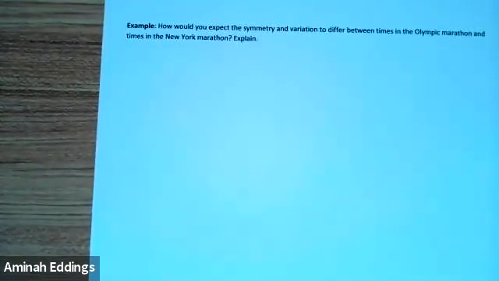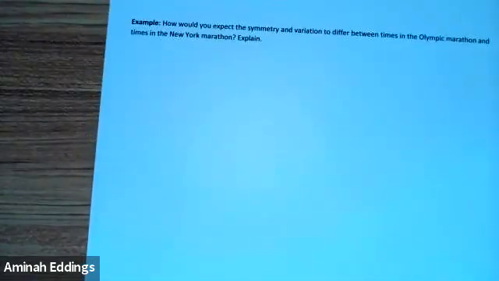Maybe a small variation if someone ends up hurting themselves in the middle of it, but for the most part their times are going to be roughly the same, so the data will cluster together. Whereas in the New York marathon, you can have some people who've been training for years and some who are just coming out for the first time. So here you would have more variation. Okay, good job.